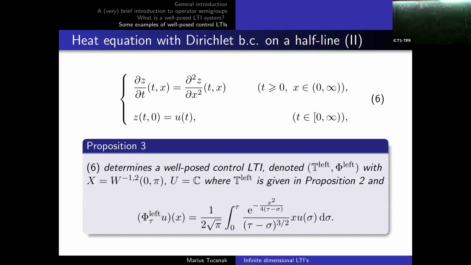So Proposition 3 says that this determines a well-posed linear control system, T left, Phi left. T left has already been defined in Proposition 2, and Phi left is given by this formula. So I have everything explicit in terms of this kernel. How do I do that?